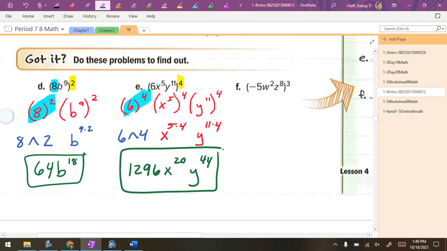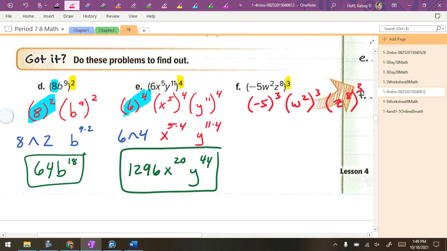What's scary about F? It's got a negative, so we have to be cautious with this. The exponent on the outside that we're sharing with everyone is that 3. So we have negative 5 to the 3rd, w squared to the 3rd, z to the 8th to the 3rd.